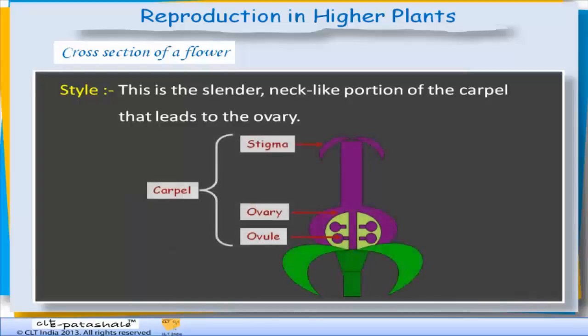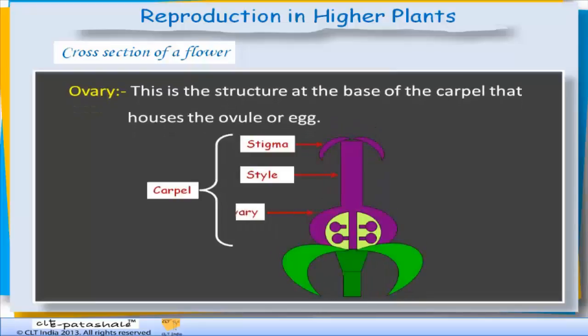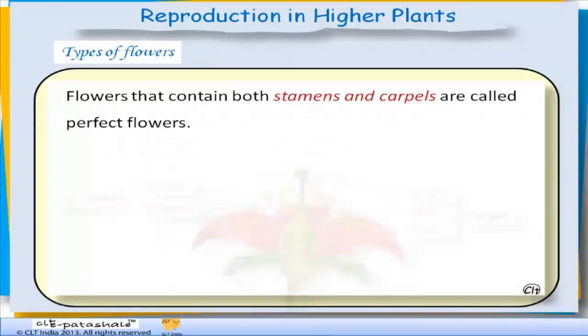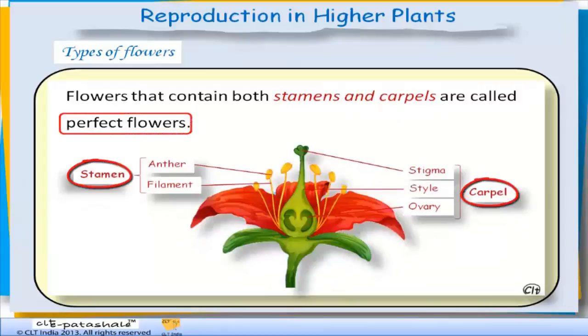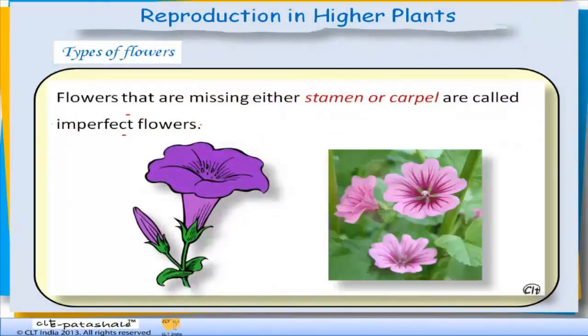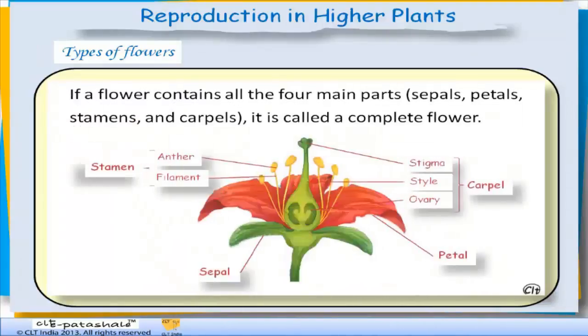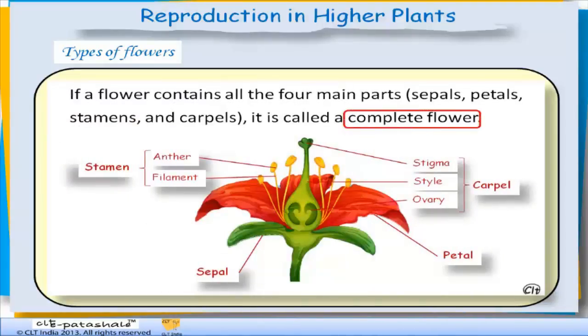Style is the slender, neck-like portion of the carpel that leads to the ovary. If a flower contains all the four main parts, it is called a complete flower.